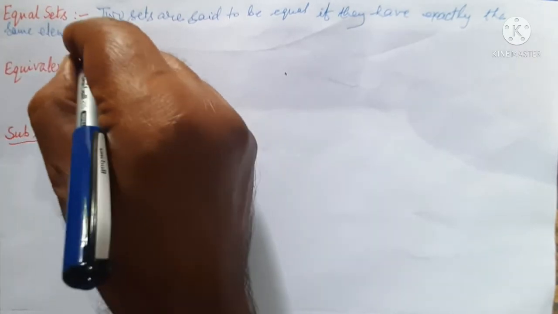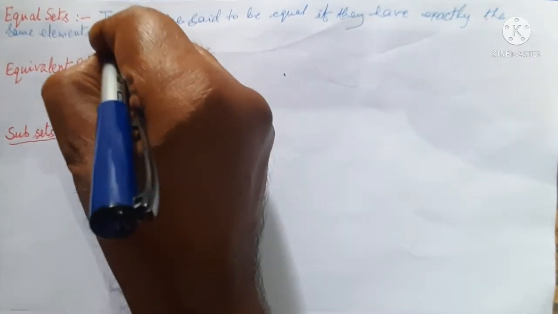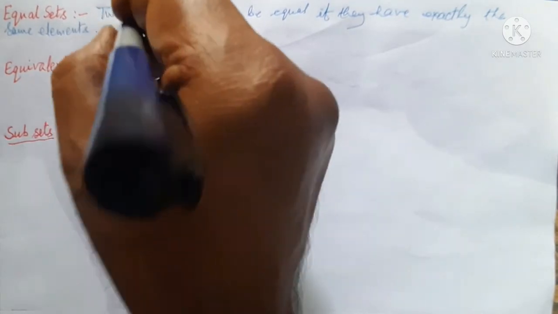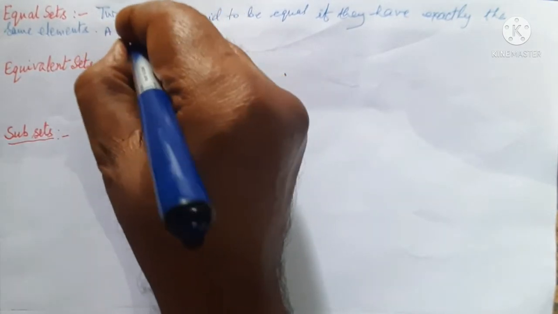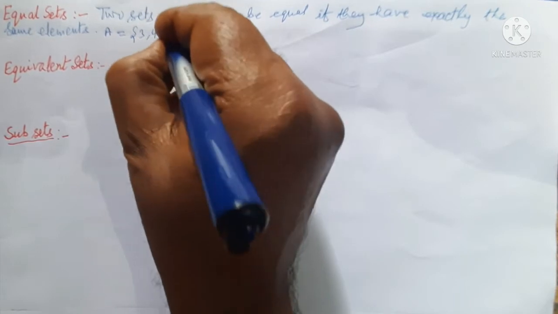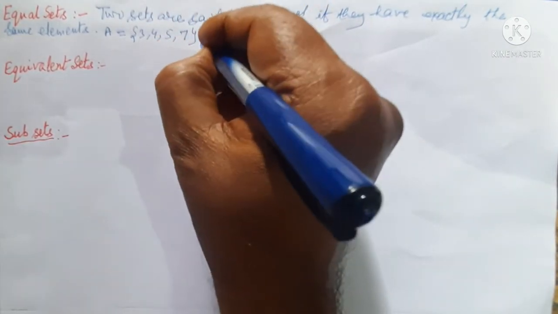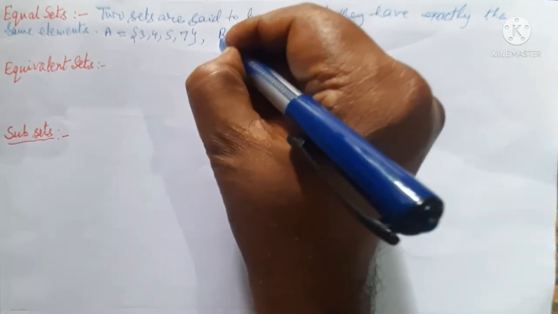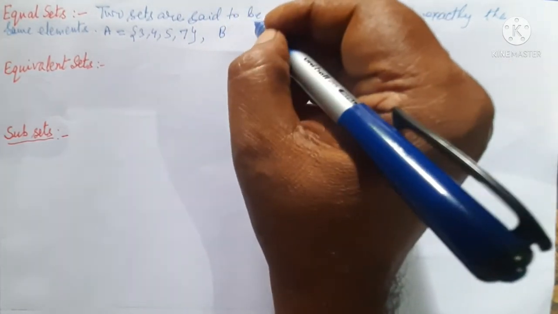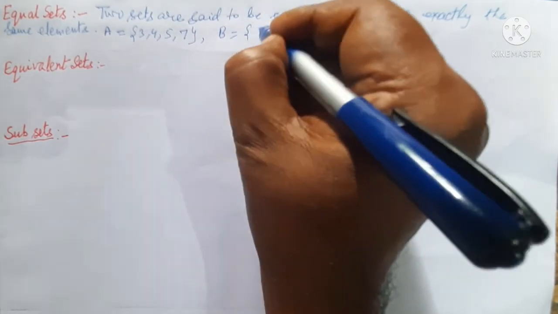Let us see the example: set A having elements 3, 4, 5, 7. Let us see another set B having its elements 5, 7, 3, 4.